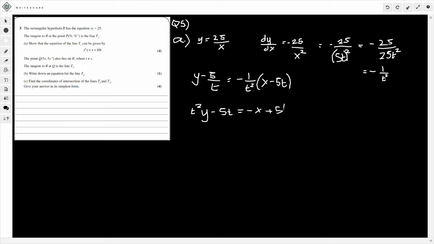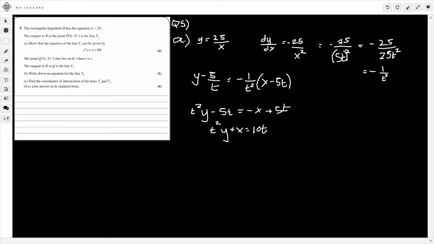We're nearly there now, very close to getting this rearranged form. All I need to do now is add the 5t onto this side, that'll give me my 10t, and take the x across to give me plus x. So this is t squared y plus x is equal to 10t. Perfect. That's the first 4 marks. Nice and easy. So that's that part done.